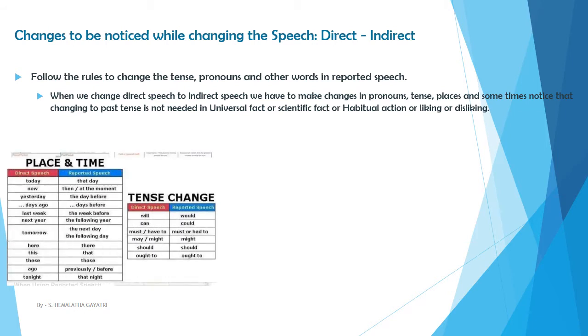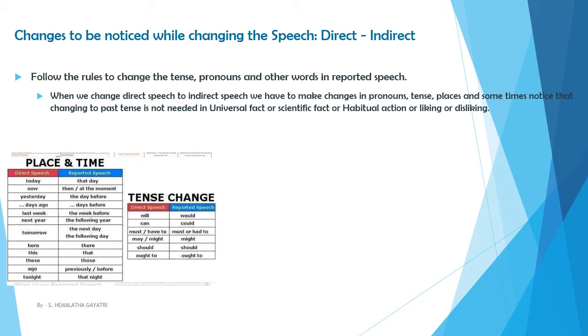So you have to think about making changes in place and time, like today will become that day, now will become then or at that moment, yesterday will become that day before, days ago, days before, last week, the week before, next year, the following year, tomorrow will become the next day or the following day, here, there, this, that, these, those, ago, before, or previously, tonight, that night.